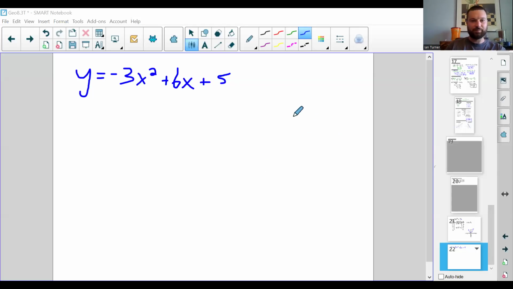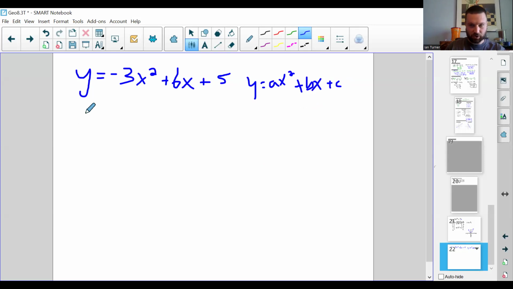Okay, so again, this is y equals ax squared plus bx plus c. Oh my gosh, that's the biggest plus sign you've ever seen. Now, does anybody remember what our axis of symmetry was? We need to find -b over 2a.